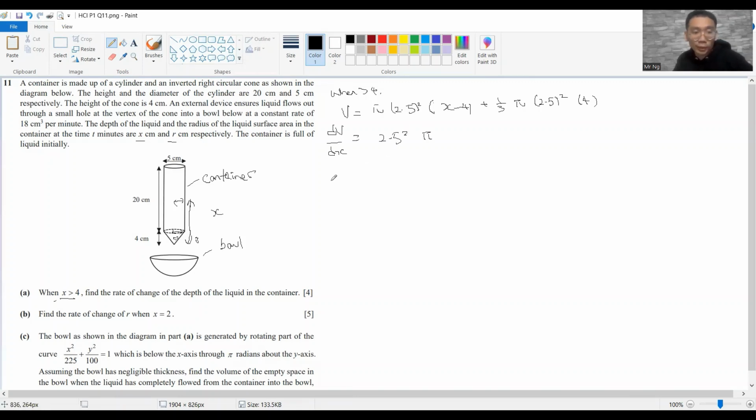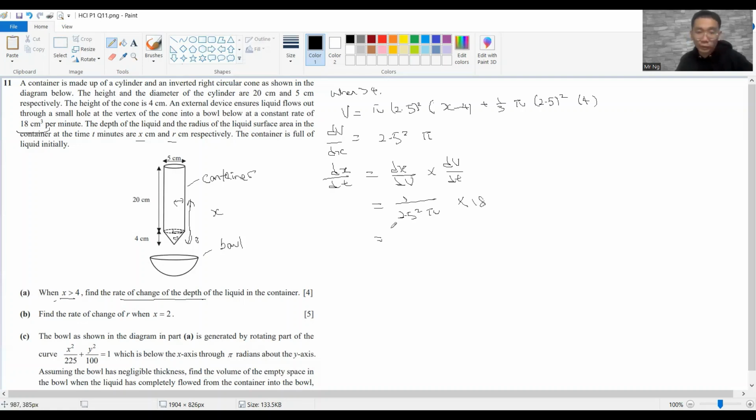Next up, you see over here, we want to find the change of depth, so dx/dt. To form this, you need to do dx/dV times dV/dt. Your dx/dV is 1 over 2.5 squared pi, and then your dV/dt is this thing, times 18.